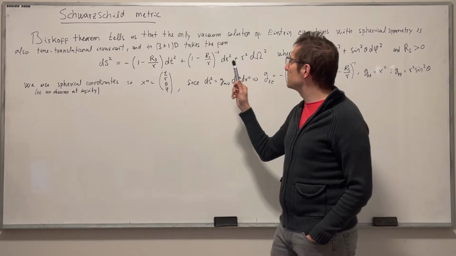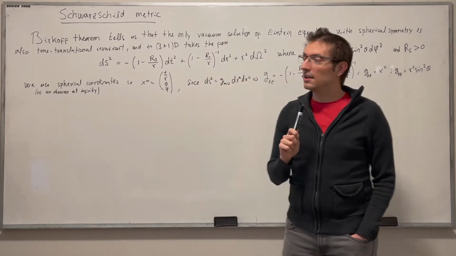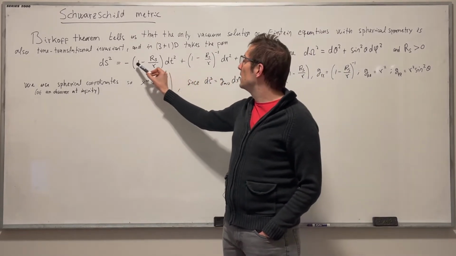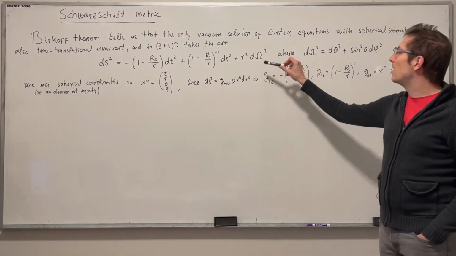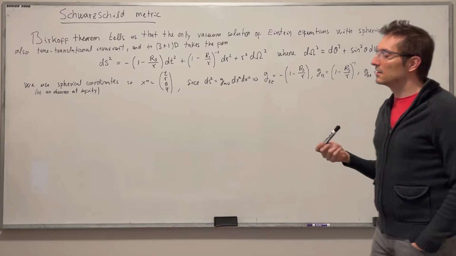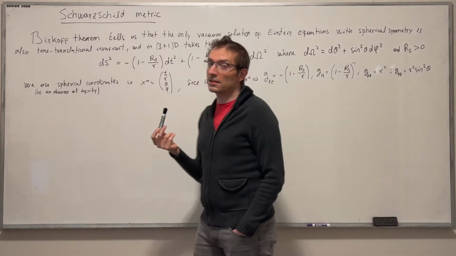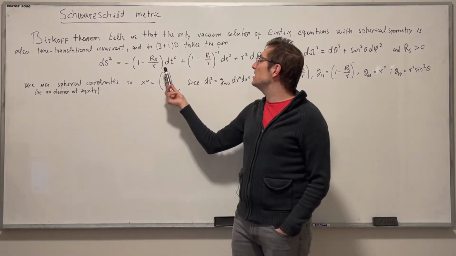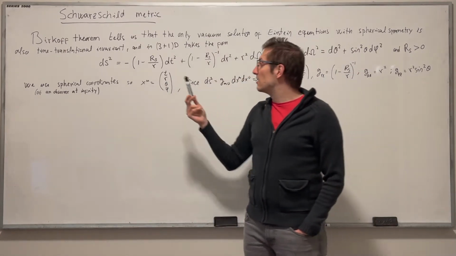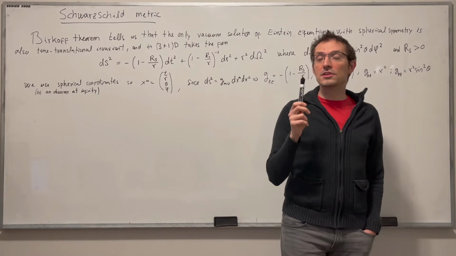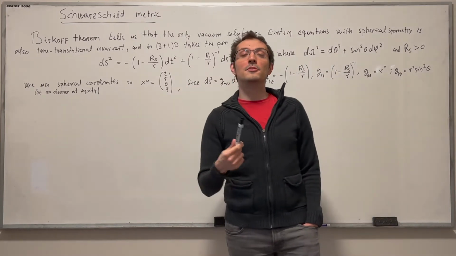So at r going to infinity, we have minus dt squared plus dr squared plus r squared d omega squared, which is the Minkowski metric in spherical coordinates. So when we say that the coordinates t, r, theta, phi correspond to observers that are stationary at infinity, those are the ones that would have these coordinates as their proper coordinates.